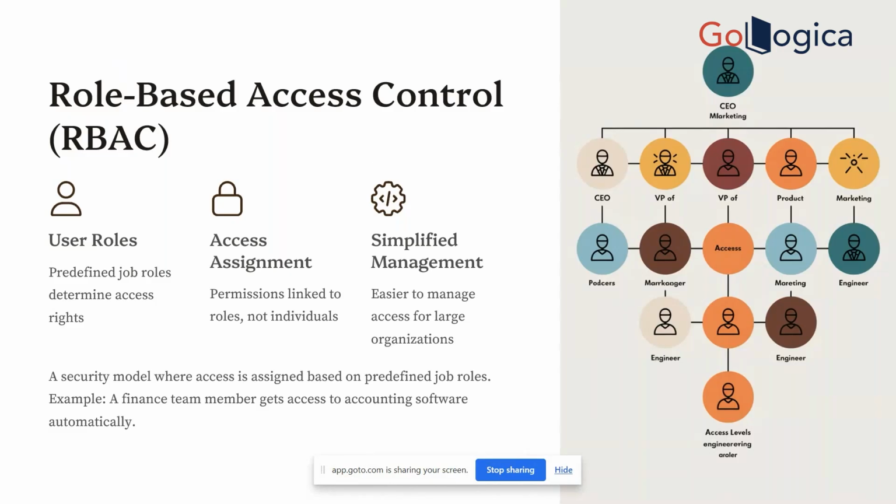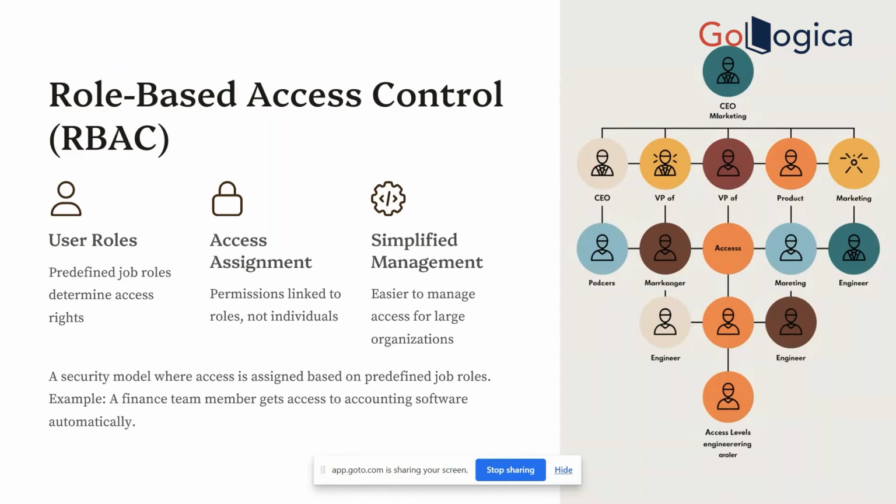It is a security model where access is assigned based on predefined job roles. I am stressing this term to you: access is assigned based on predefined job roles. For example, a finance team member gets access to accounting software automatically.